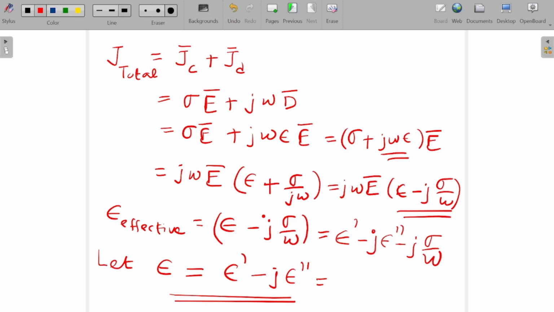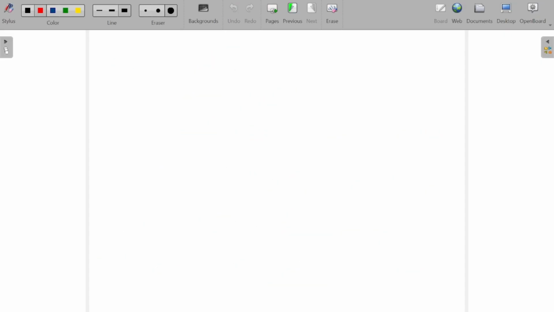So this is your effective permittivity. Then we can write this equation like epsilon effective is equal to the real part, that is the actual permittivity, minus the loss related to the dielectric damping, that is the term j. If I take j common, then it will be epsilon double dash plus sigma by omega.